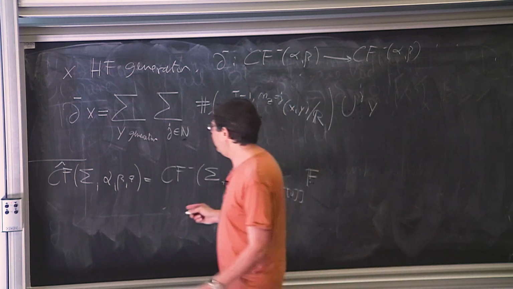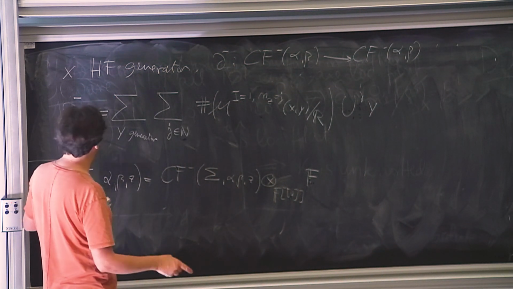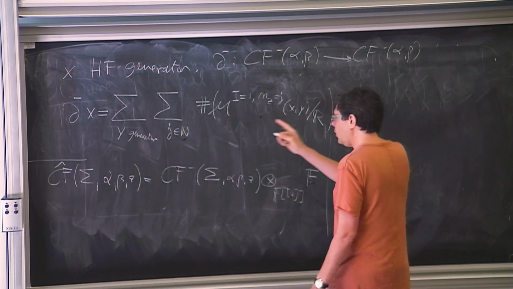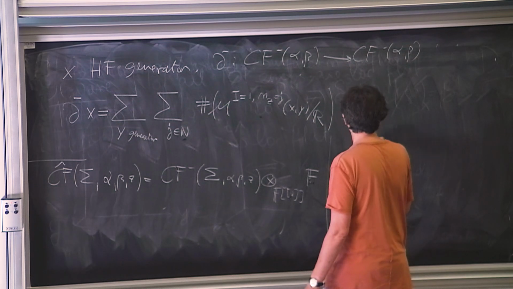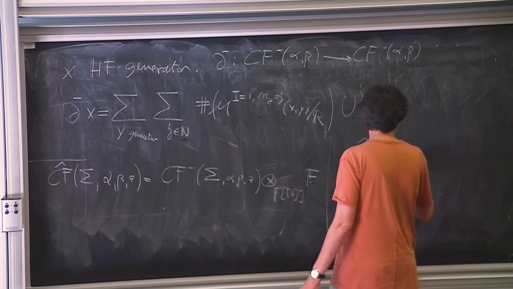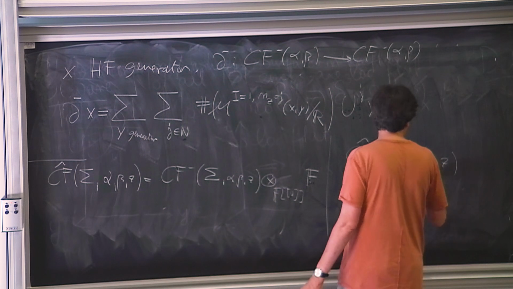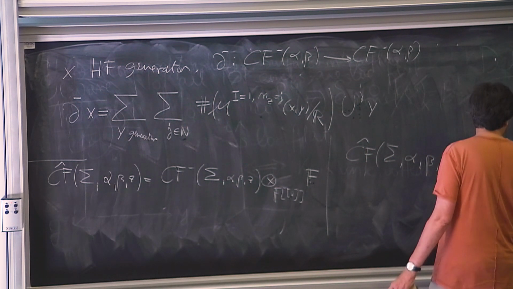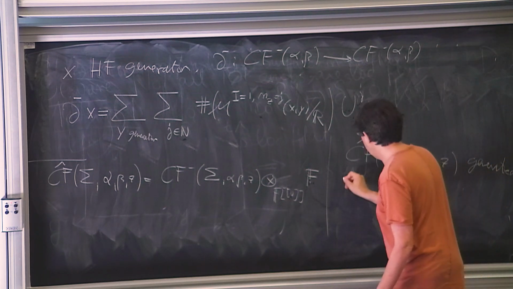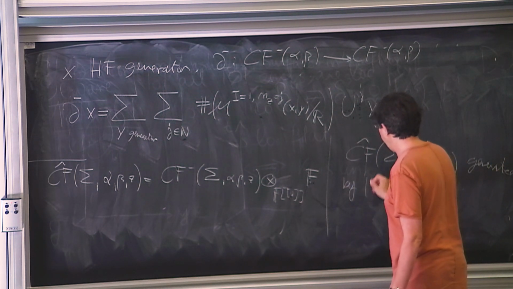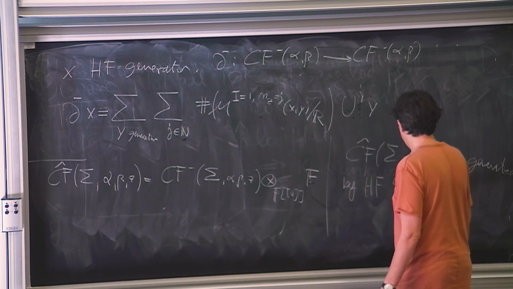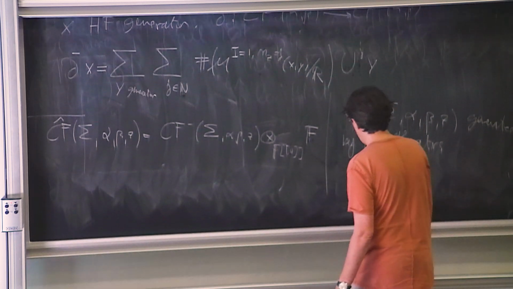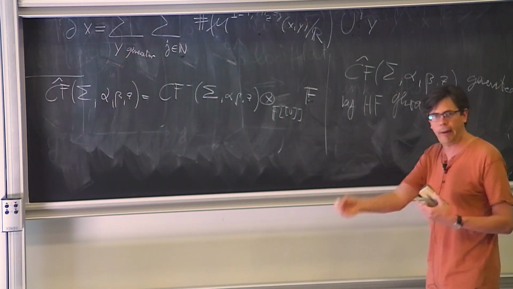On the other hand, this has a nice description, so it's worth writing down explicitly. So CF hat of sigma alpha beta z is generated over the field by Heegaard Floer generators, and the boundary uses only curves that don't pass through the base point.